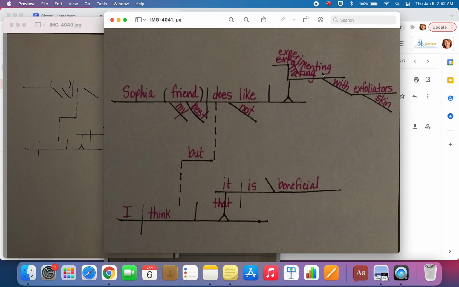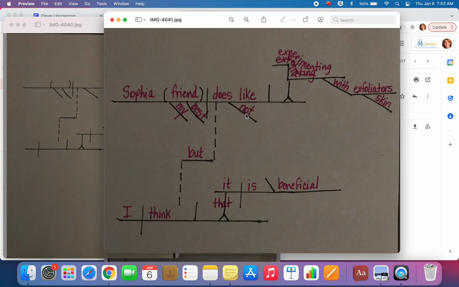So looking at the first clause, Sophia, my best friend, does not like experimenting with skin exfoliators. Our subject goes first. Our appositive goes in parentheses here on the subject line because remember, friend is restating the subject. And then my best, of course, modifies friend. And then you have your verb, does like. Those were the 2 verbs.